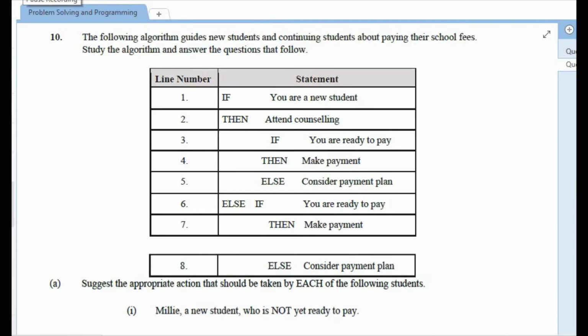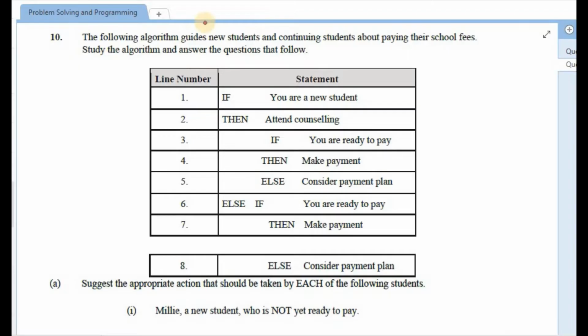Question 10 informs us that the algorithm provides a guide for new students and also continuing students about paying their school fees. We're provided with 8 lines of code that gives the students the instructions as to how to proceed with their school fee payment.